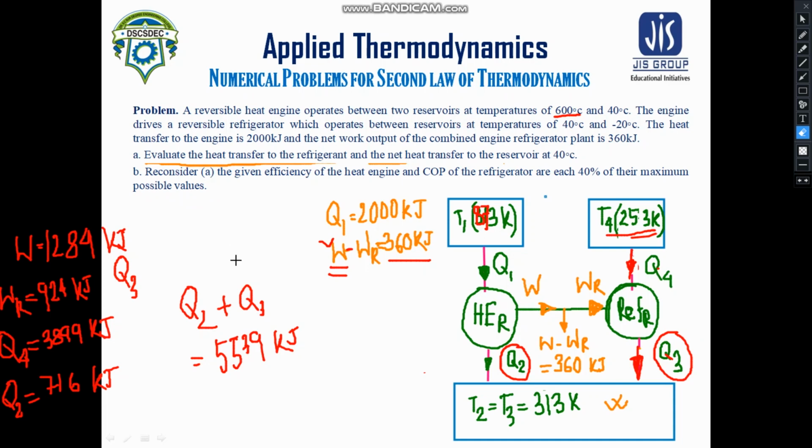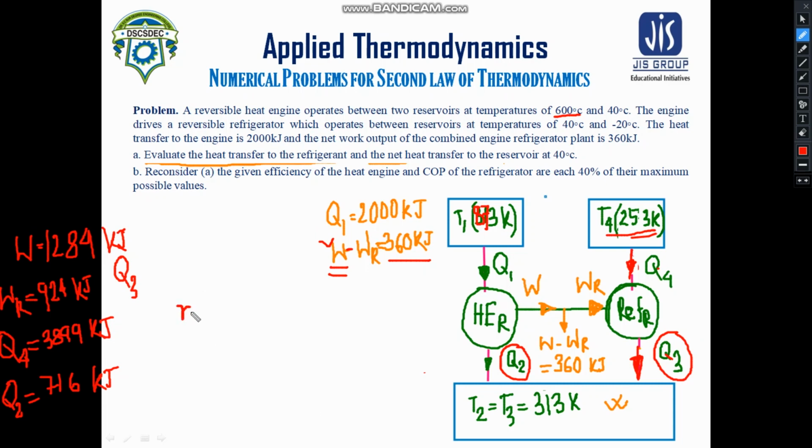That means they are asking to consider an irreversible case where the efficiencies will be 40% of the reversible case, because you know reversible engines will provide you the maximum efficiency, right? So now I'm just clearing it all again, and we'll start from the first case.